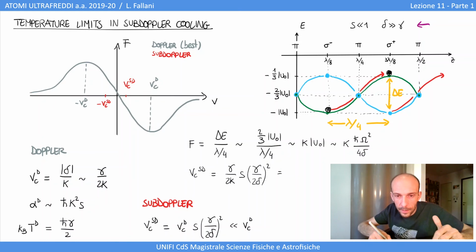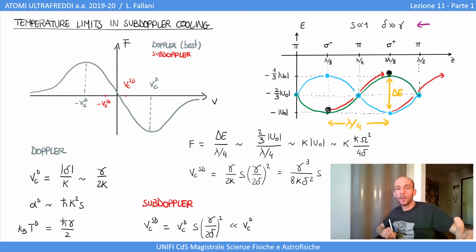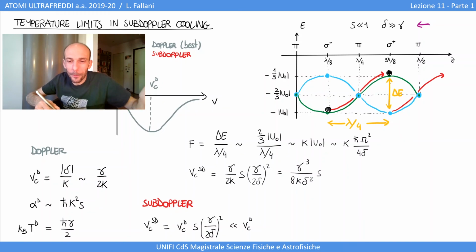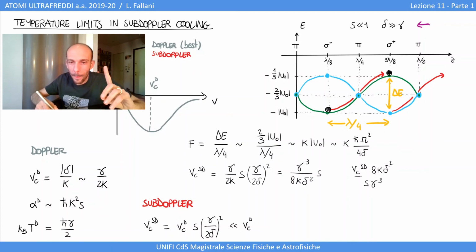And so this is gamma to the third divided by 8k delta to the second power times S. So this means also that VC subdoppler times 8k delta square divided by S gamma cube is equal to 1.